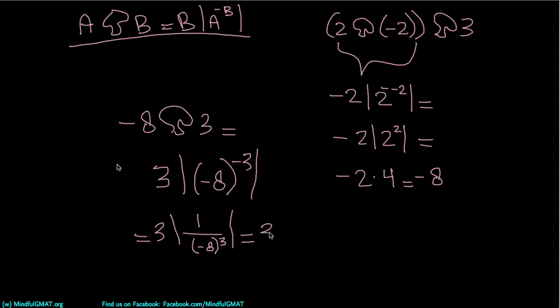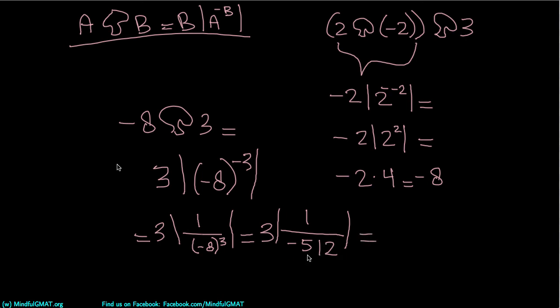The next step is just to write out what is in between the absolute value signs. What is here in the denominator is minus 8 times minus 8 times minus 8. If you do the multiplication, you get minus 512.